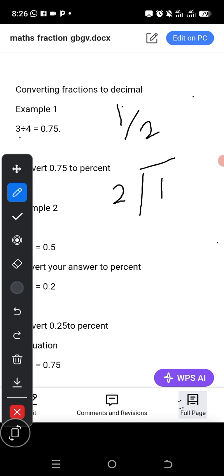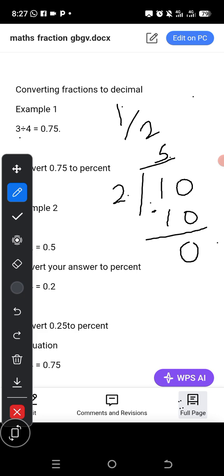So you say 2 divided by 1, it is impossible. Then you add your invisible 0 to it. Then you can now say 2 divided by 10. How many times can you find 2 in 10? That's 5. So you write your 5. Then you say 5 multiplied by 2, that's 10. So you write your 10 here. Then you subtract this 10 from this. When you take away 10 from 10, what will you have left?